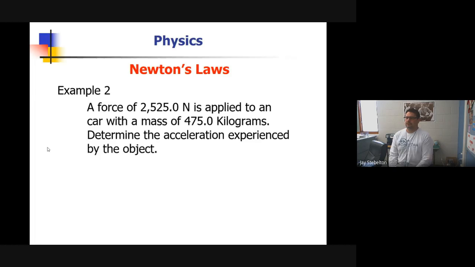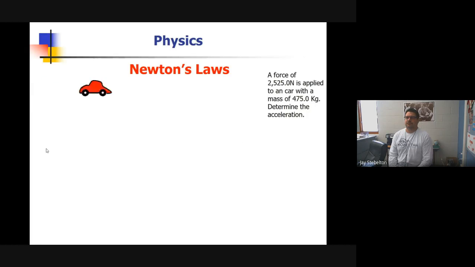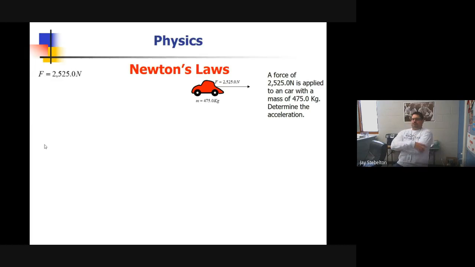After I read it, the next thing I do is, and there comes the car of science racing through our problem. A force of 2.525 kilonewtons is applied to an object with a mass of 475 kilograms. What's the acceleration? Read it, diagrammed it. After I diagram it, I list the force of 2.525 kilonewtons, the mass of 475 kilograms.